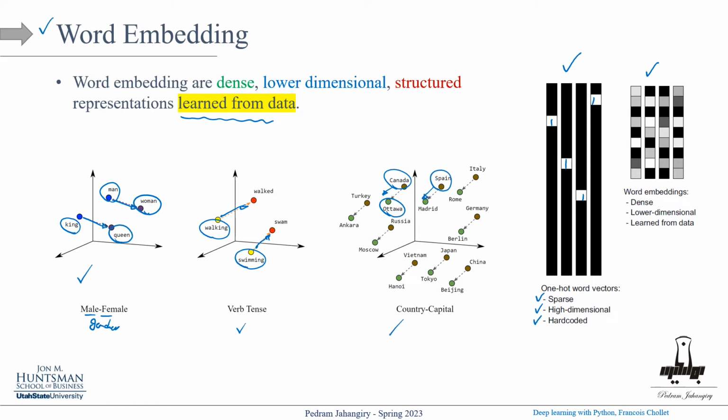So we can come up with thousands of these interpretable features, and of course the dimension is going to be a lot lower compared to one-hot encoding, and these are dense, structured features learned from the data. So this is the concept of word embedding. I'll talk about word embedding more by the end of this lecture when we go over the concepts of transfer learning in NLP. Okay, now let's go to the modeling section.